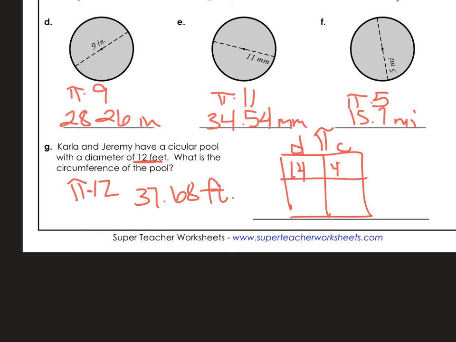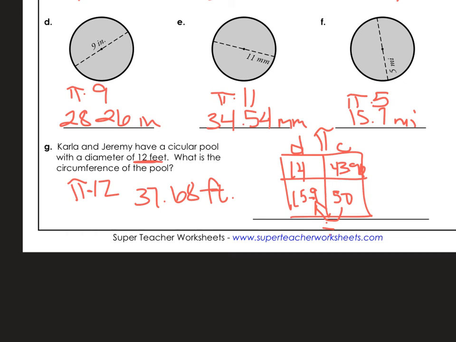So I put 43.96. And on some of the problems, they're going to give you the circumference. So let's say my circumference is 50. Now I'm going backwards, so I'm going to divide by pi. So I go 50 divided by 3.14, and I get 15.923. So we'll just say 15.9. Let's just round to the nearest tenth.